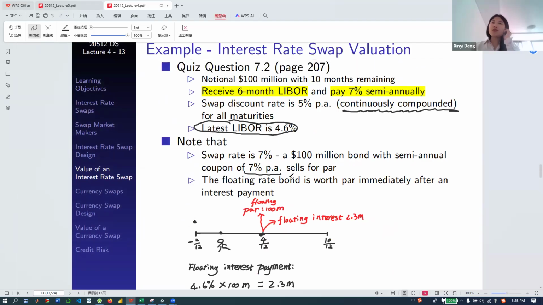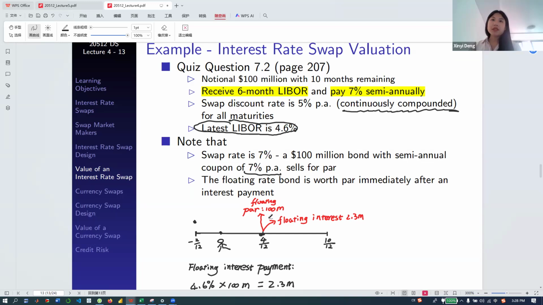So remember that the trick is that the floating rate bond is worth par immediately after an interest payment. Meaning that after this floating interest payment of 2.3 mils, our bond will immediately be worth 100 mils.